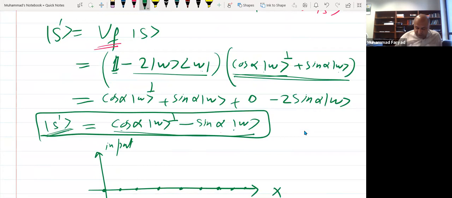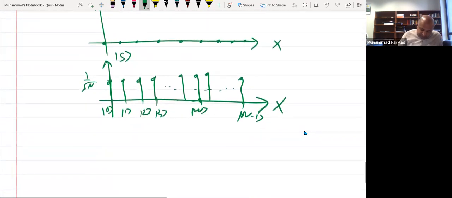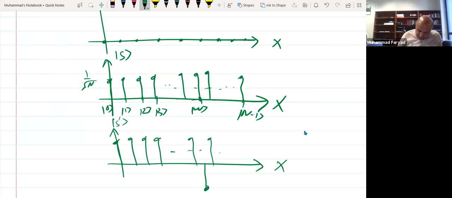The only difference is that the amplitude of W has gone from plus to minus. So S prime can be pictured like this: plus, plus, plus. But W is now with negative amplitude, and all other states have positive amplitude.